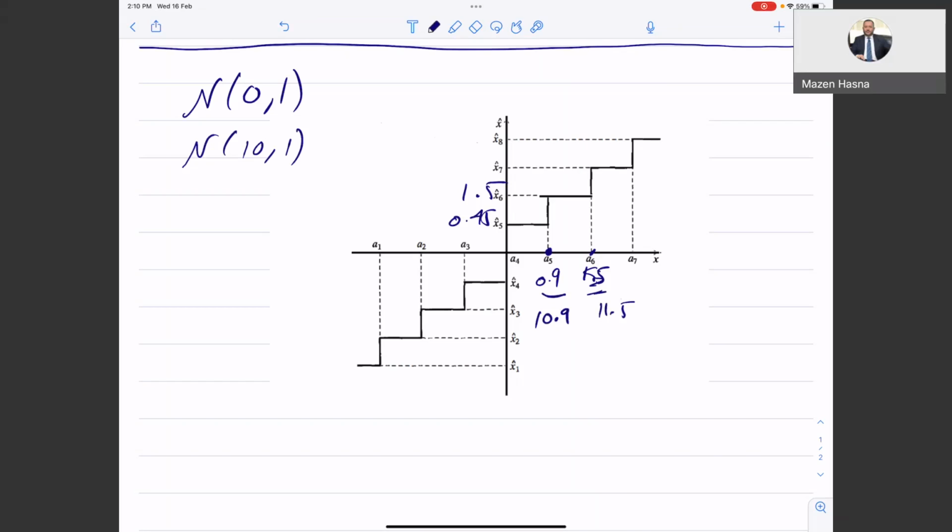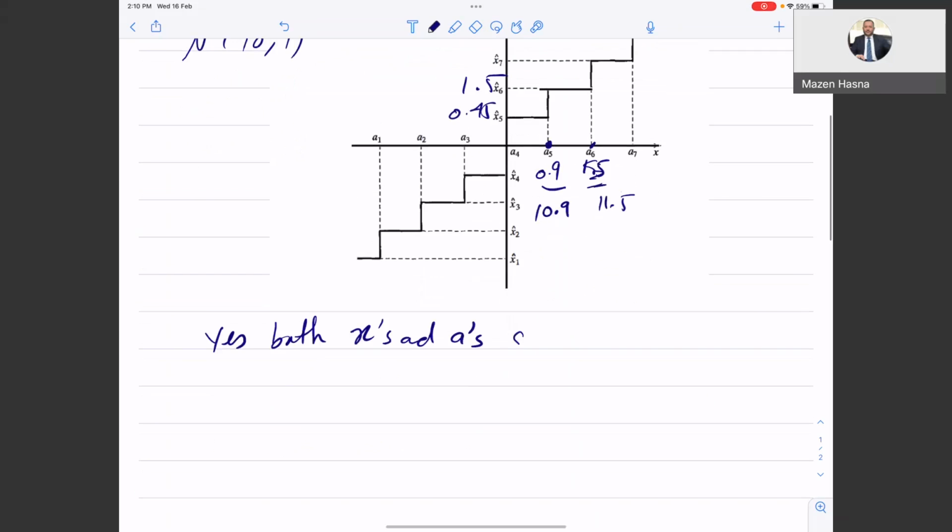Yes, both the x's and the a's should be shifted. I did not try it before, sorry for this. I did not give a shifting in the quiz. Maybe if I had, I could have answered this correctly the first time.